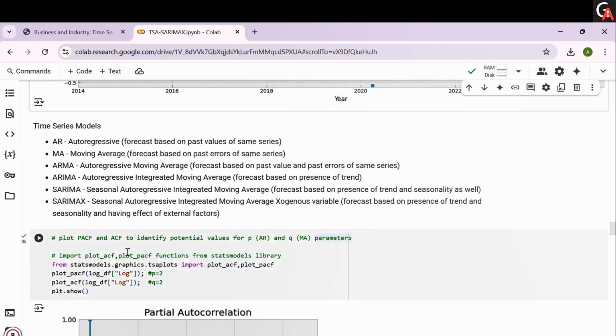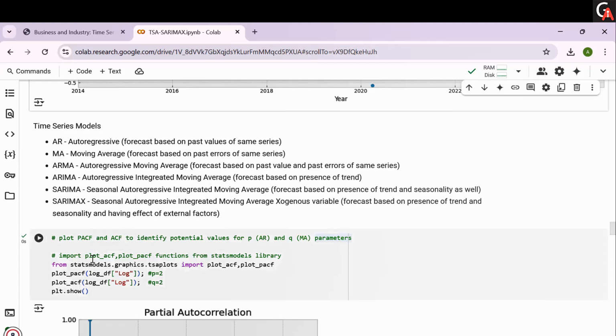ARMA is a combination of AR and MA, that is autoregressive moving average, meaning it will forecast based on the past values as well as the past errors. ARIMA is nothing but autoregressive integrated moving average. The integrated here stands for the number of times we have taken the differencing technique. We have used the differencing technique to make the series stationary. So that is the integrated part. And SARIMA and SARIMAX.